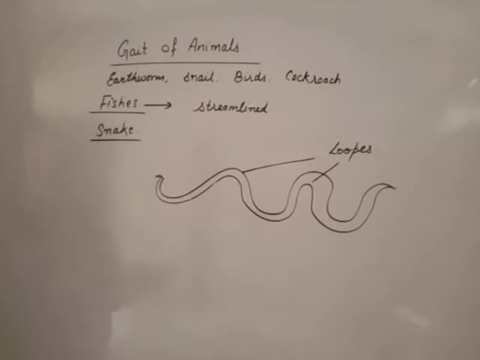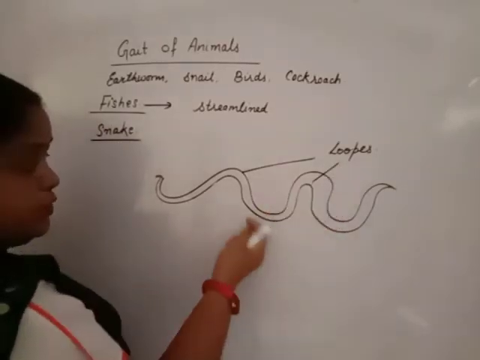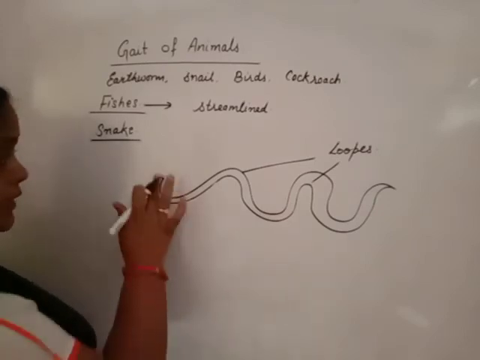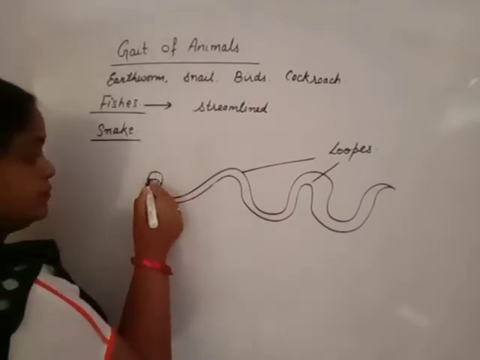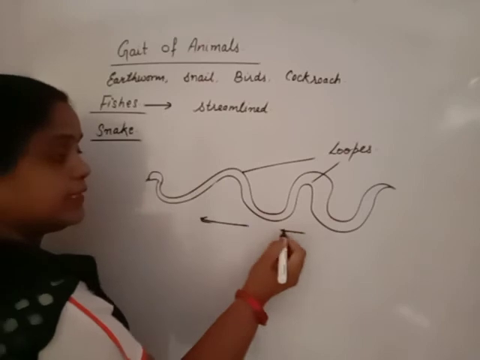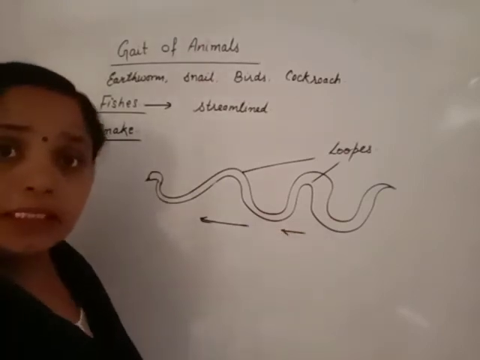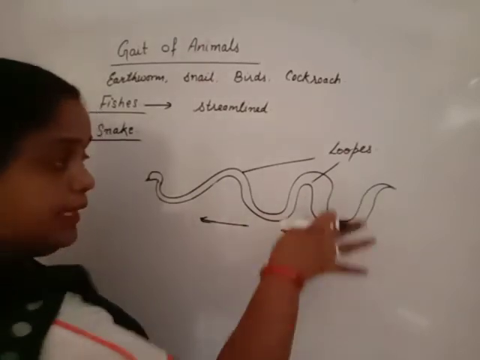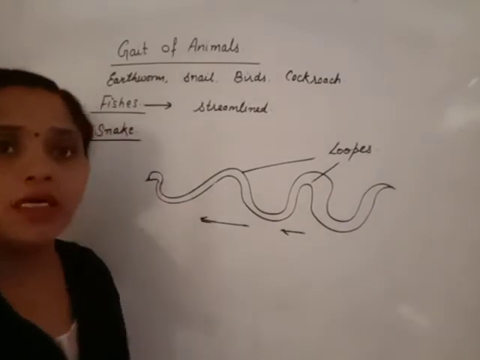These loops help the snake to push the body in forward direction against the ground. These folds push the body of snake, with the mouth in forward direction, by pressing the ground and making friction with the ground.